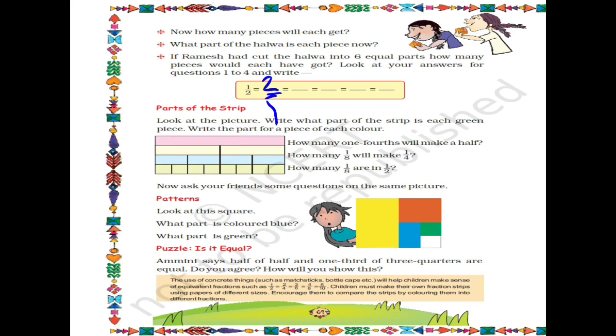The second one you will write 2/4. Then in the third one you will write 3/6. In the next blank you will write 4/8. Then further you will write 5/10. And in the last one you will write 6/12.